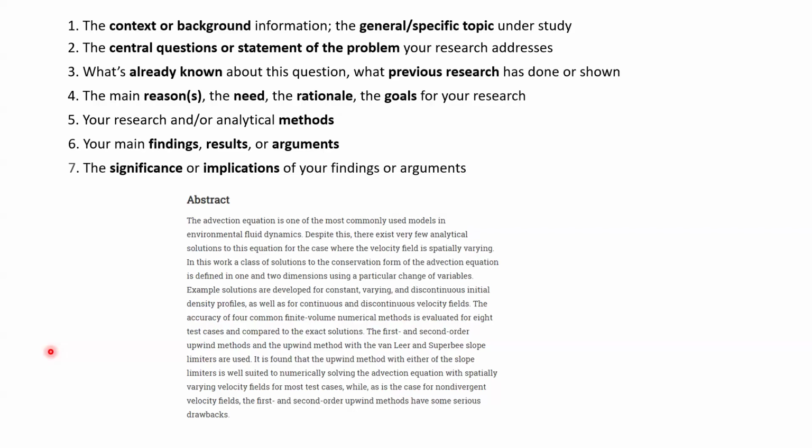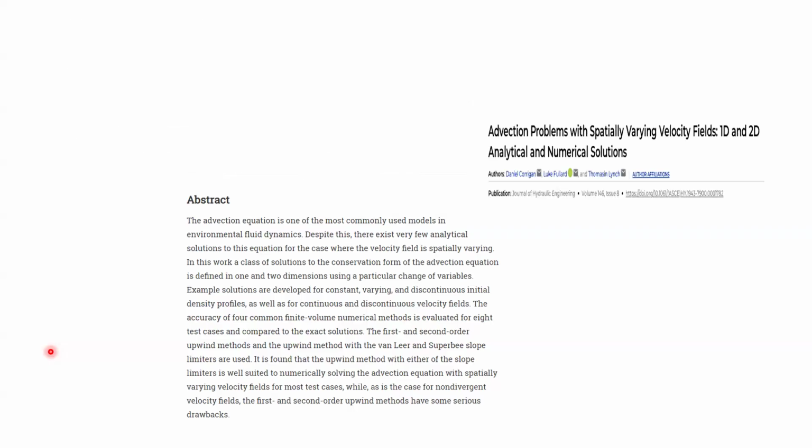Now, the advection equation is one of the most commonly used models in environmental fluid dynamics. Despite this, there exist very few analytical solutions to this equation. It is important for you to understand this. This has been taken from a paper called Advection Problems with Spatially Varying Velocity Fields, 1D and 2D Analytical and Numerical Solutions.